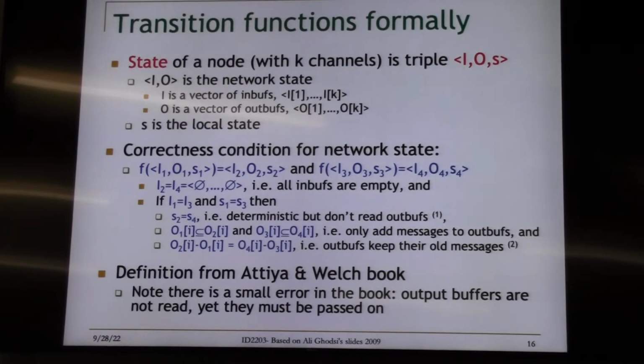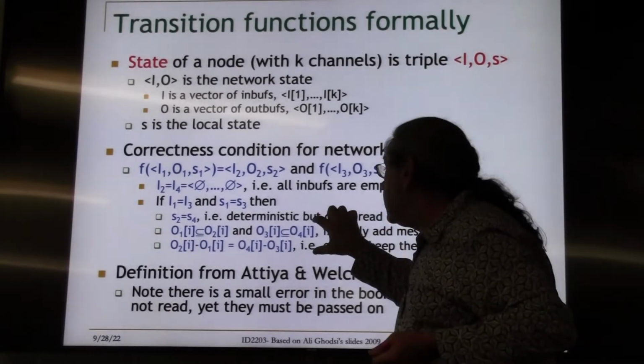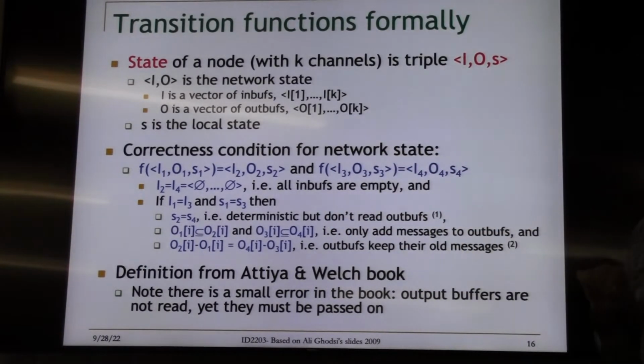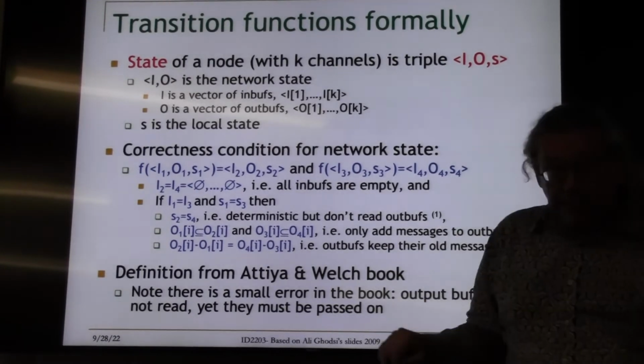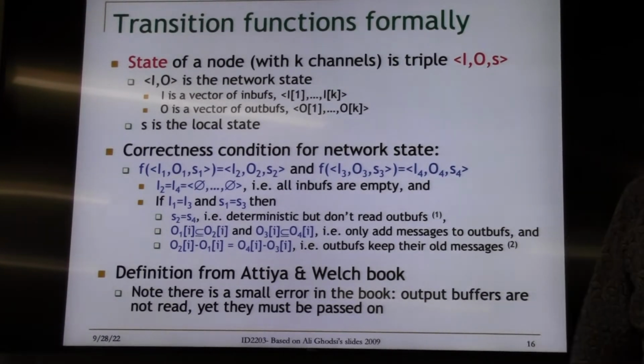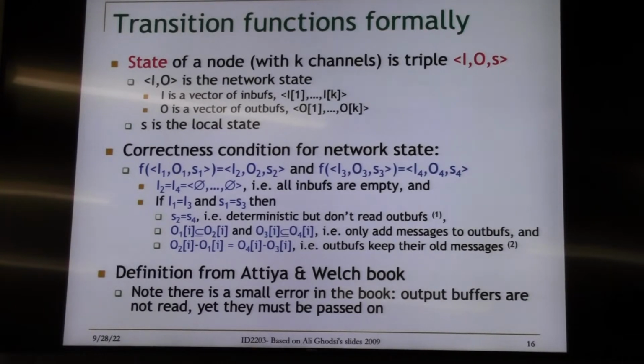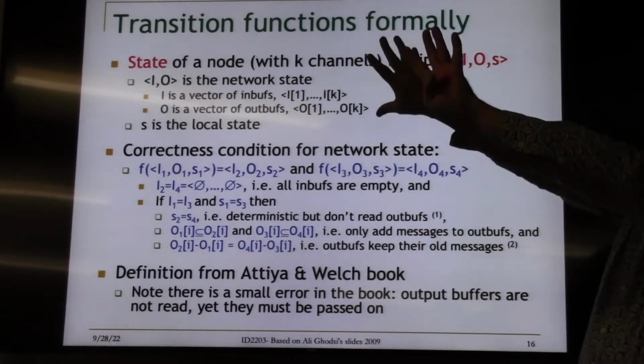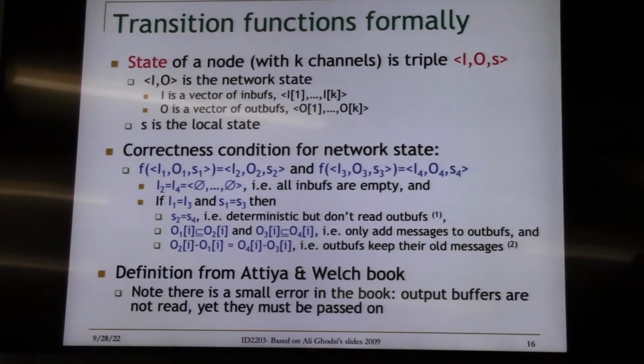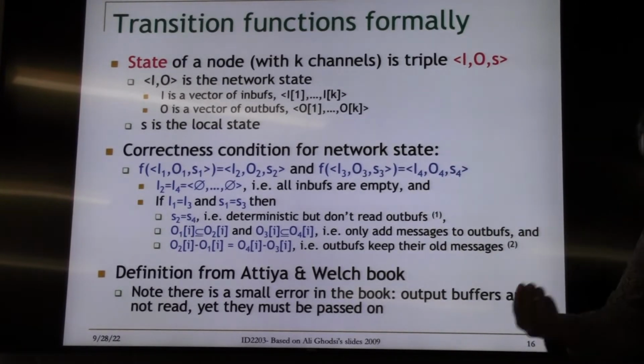When we send a message, we can add more messages, but they have to keep their old messages. So this complexity is basically needed just to explain how the network works. So this is the whole model, and it follows completely the intuition that I gave you. When you put it in the out-buff, the message is gone. It's in the network. And when it's in the in-buff, you can read it.